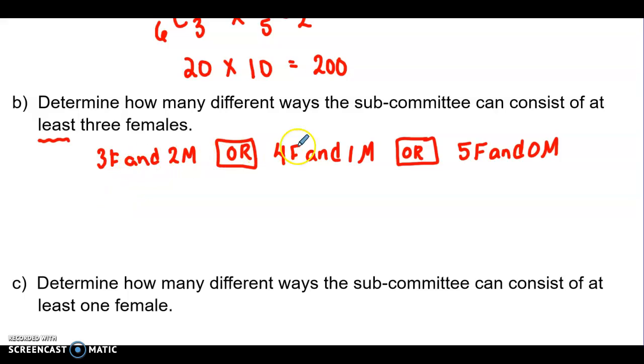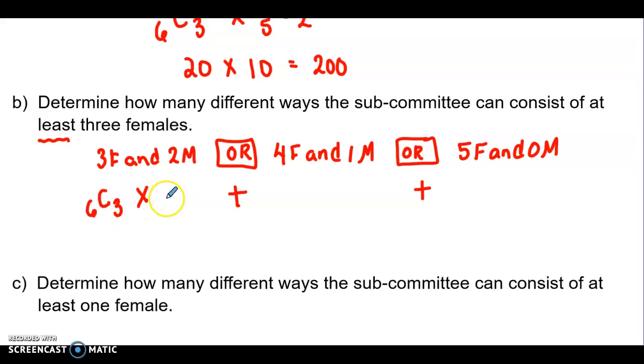So looking at each individual case, we find the number of ways. To find the total, we then add the number of cases together. 3 female, there are 6 females to choose from, we want 3.